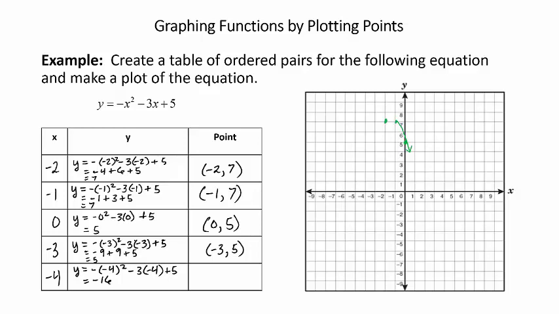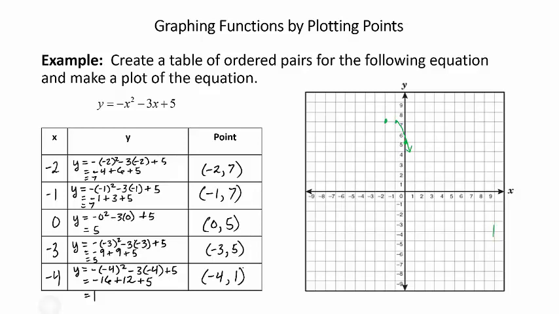Negative 3 times negative 4 is positive 12 plus 5. So negative 16 plus 12 is negative 4. Negative 4 plus 5 is 1. Okay, so the point negative 4, 1 is on the graph.